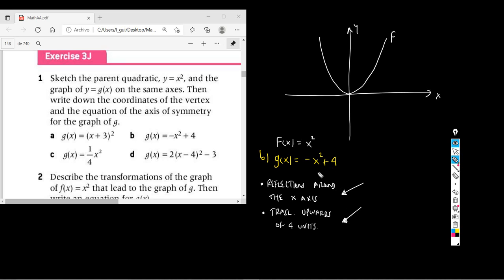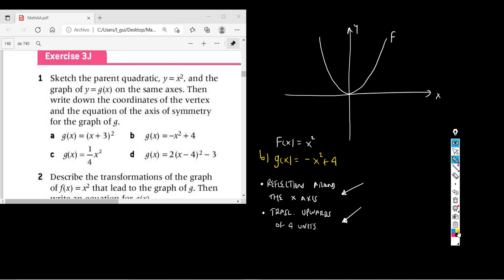So the function g depends on the order in which you carry out the transformations. When you have a combination of transformations, the order in which you take the steps does matter.